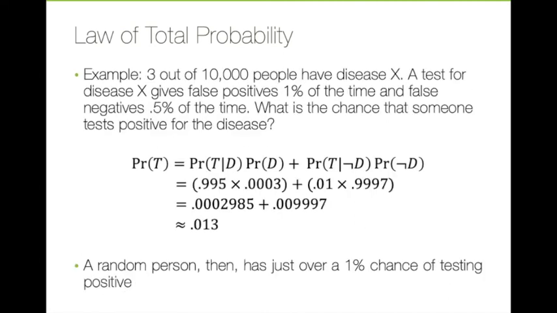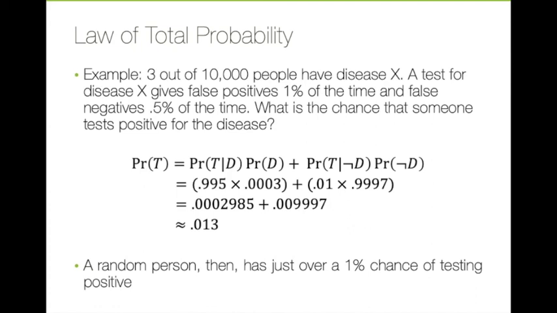So now we have the probability of T given D, the probability of D, and the probability of T given not D. The only number we haven't explicitly calculated yet is the probability of not D, that very last term. For that one, we use the rule for calculating the probability of a negation, because we have the negation of D. The probability of the negation of D, the chance that we don't have the disease, is 1 minus 0.0003. 1 minus the probability of D. So that's where that 0.9997 number comes from.